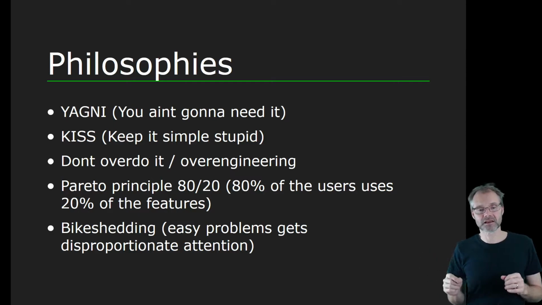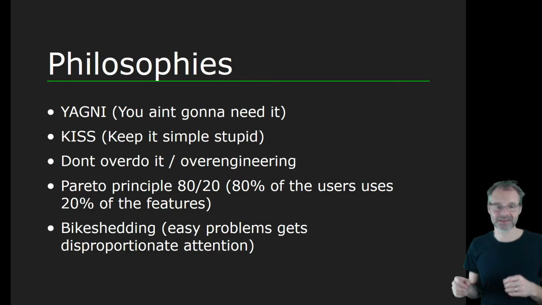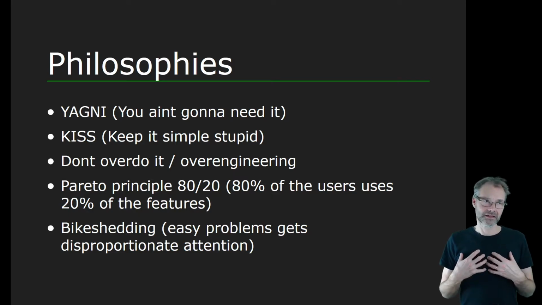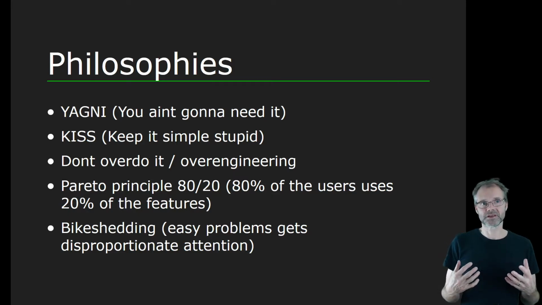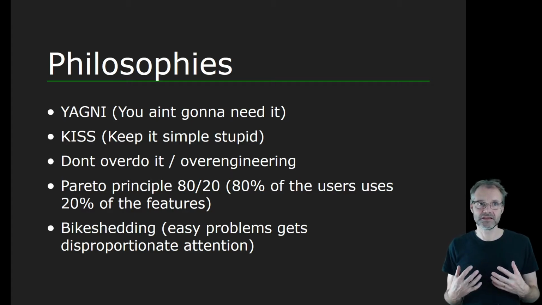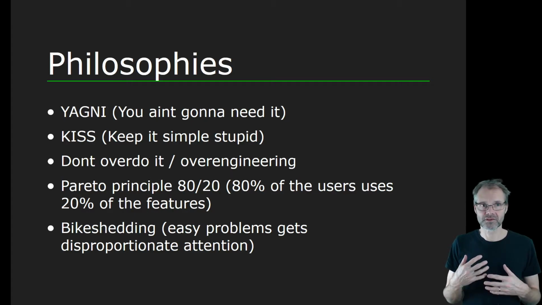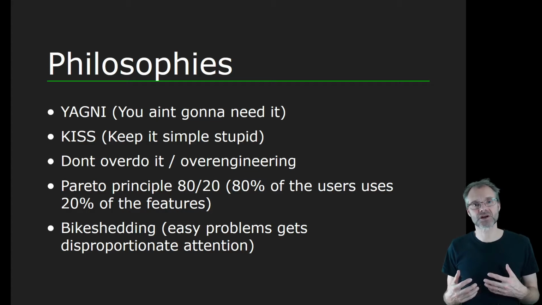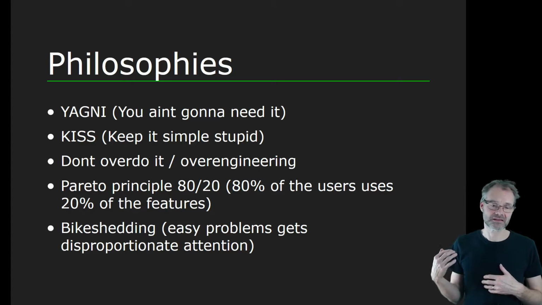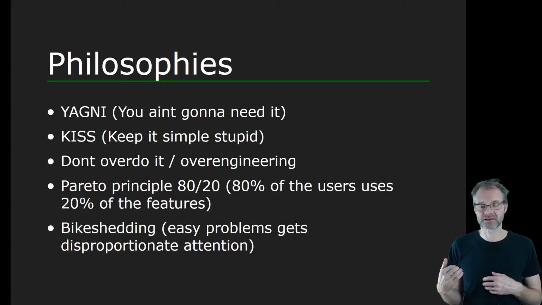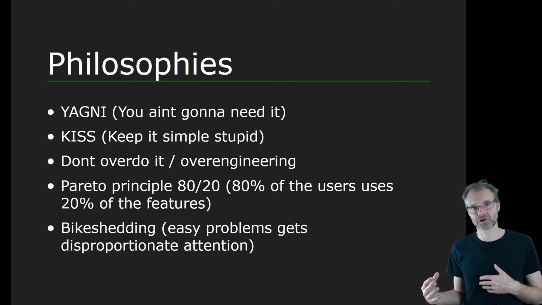Bike shedding, the last thing here, is a philosophy, and it's basically saying that when we are in a group and we discuss things, the easy problems, the ones easy to understand and grasp and discuss, get disproportionate attention. They get so much attention they should not have when we relate it to the real hard problems.